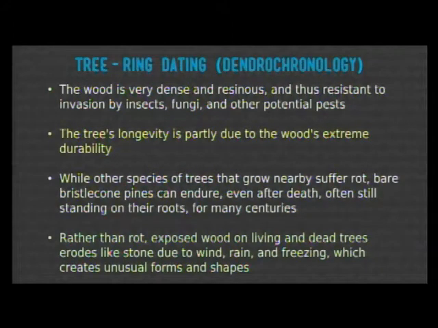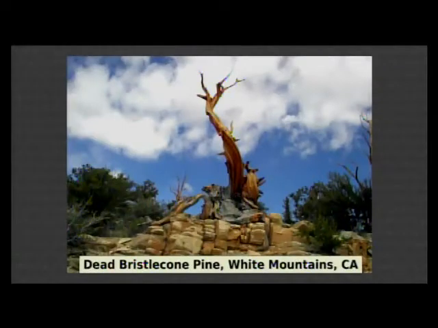While other species that grow nearby suffer rot, bristlecone pines can endure even after death and are often still standing on their roots for many centuries. Rather than rot, the exposed wood is eroded like stone due to wind, rain, freezing temperatures, and so on, which produces sculpted forms like this one here.